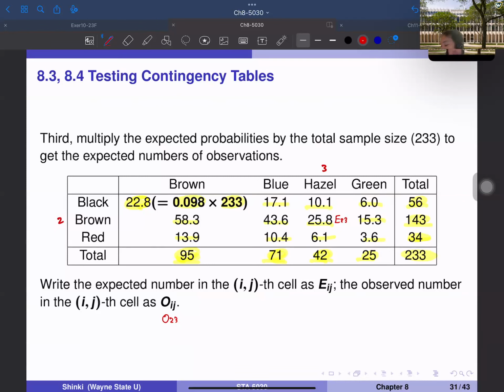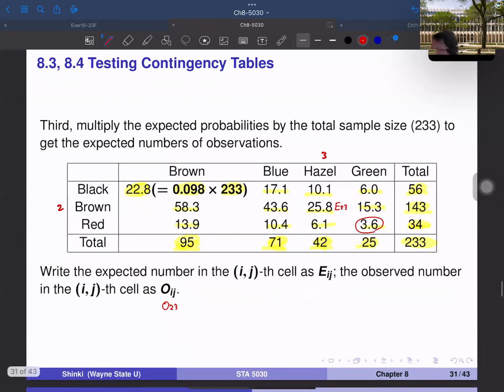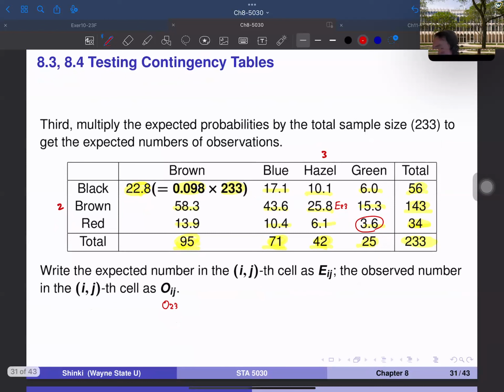In this case, for green eyes and red hair, we have an expected number of 3.6, so the actual number of observations may be 2, 3, 4, 5 or something. So it's highly discrete, and of course we cannot approximate it by a normal distribution very well. So that makes that warning message.